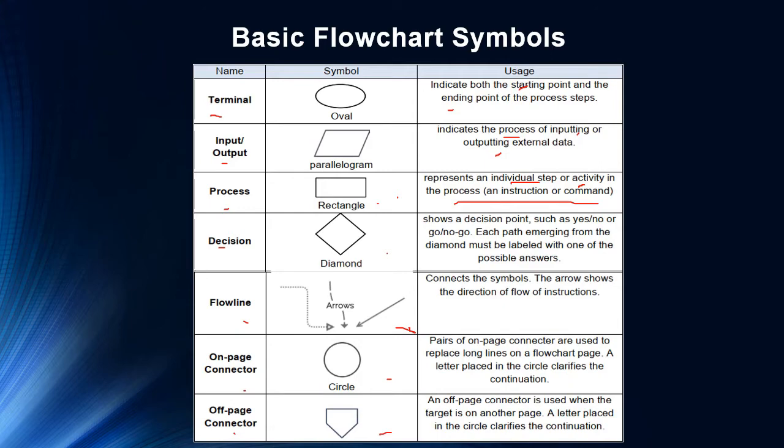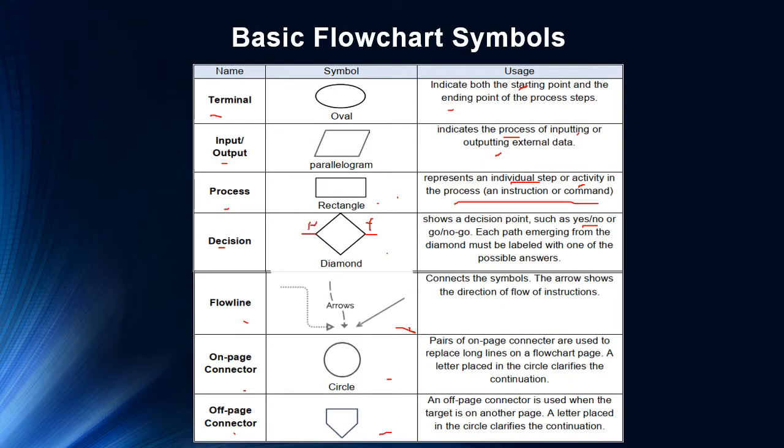The decision or diamond shows a decision point such as yes or no, or go or no go. Each path emerging from the diamond must be labeled with one of the possible answers. For example, here is yes and here is no.